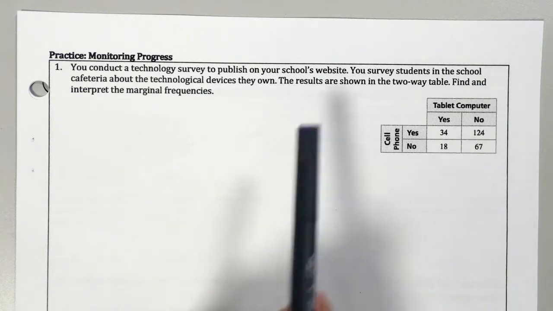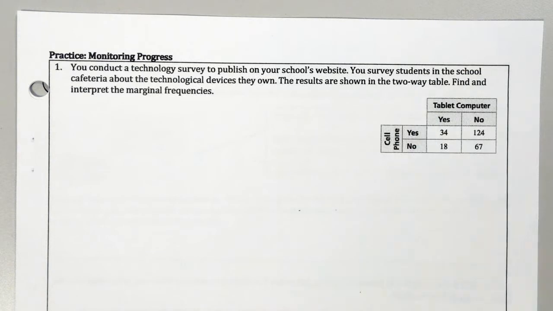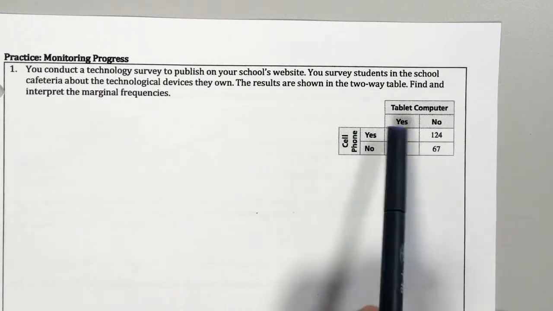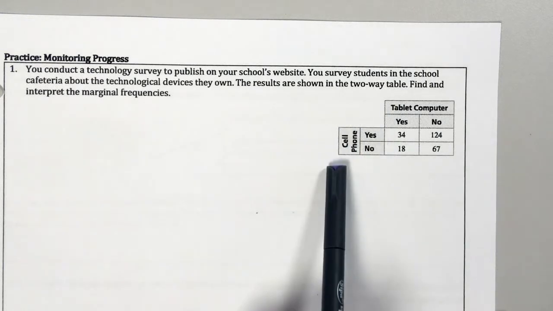What you did as part of this survey was you surveyed students in the school cafeteria about their technological devices that they own. So technology could be cell phones, it could be computers, it could be tablets. Well, in this case, according to our table here, they did tablet computers and cell phones.